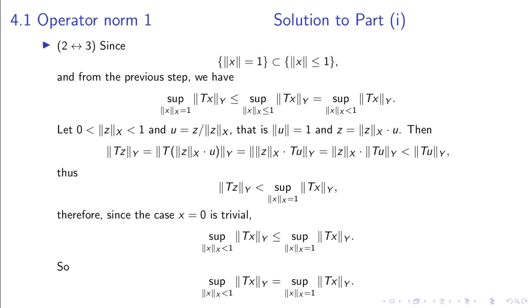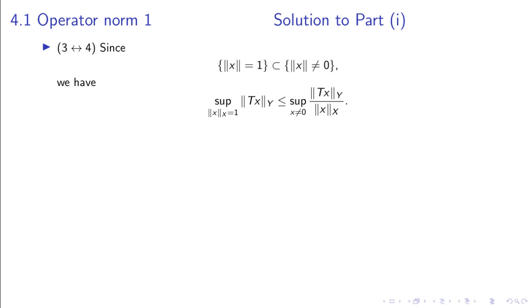The third equality. The unit sphere is contained in the set of all non-zero x, so the supremum of ‖Tx‖_Y over all x with ‖x‖_X equal to 1 is less than or equal to the supremum over all non-zero x of ‖Tx‖_Y divided by ‖x‖_X.